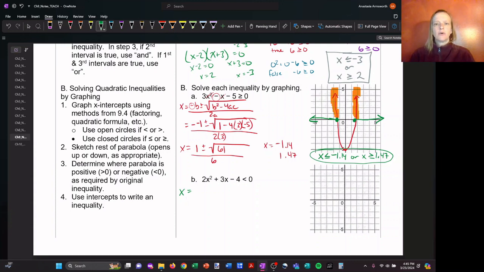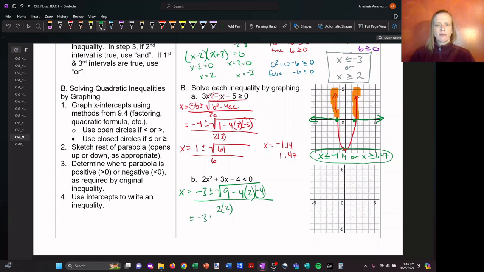I have the quadratic formula written up above, so I'm just going to plug in my values. Negative 3 plus or minus the square root of b squared. Well, 3 squared is 9. Minus 4 times a, which is 2, times c, which is negative 4, all divided by 2 times a, which is 2.